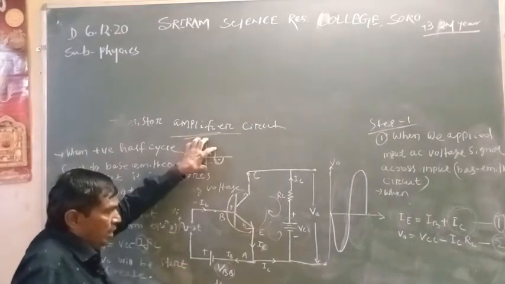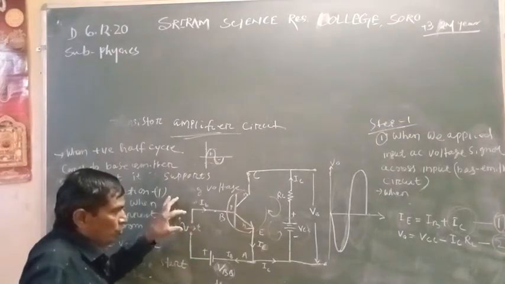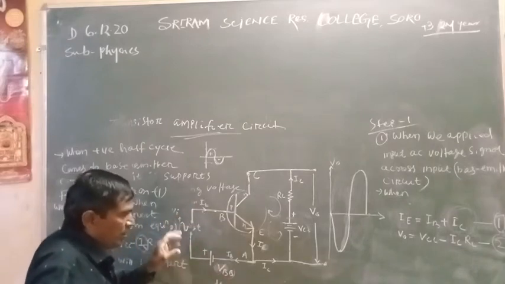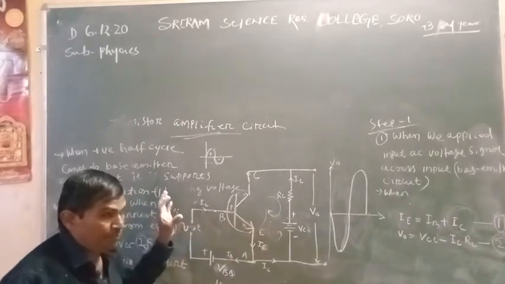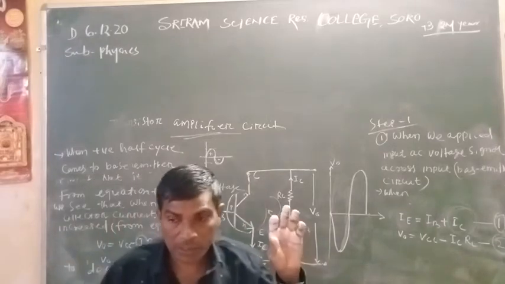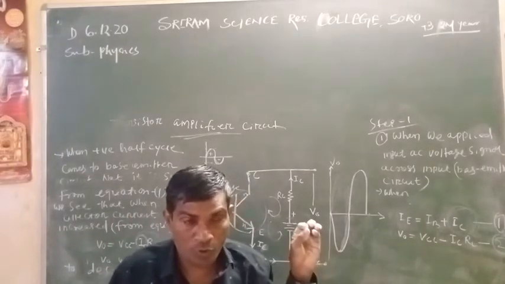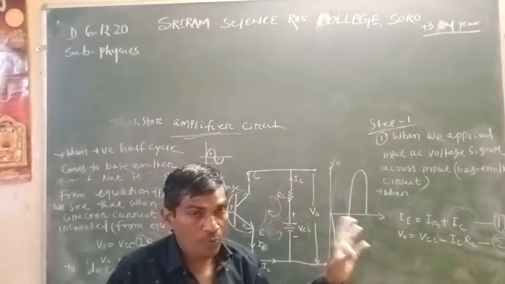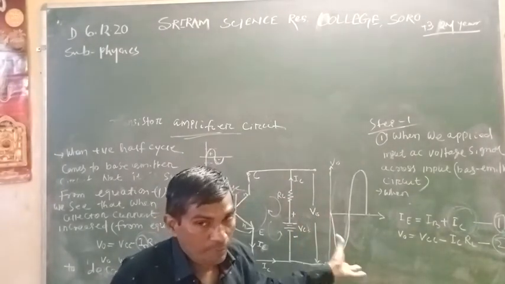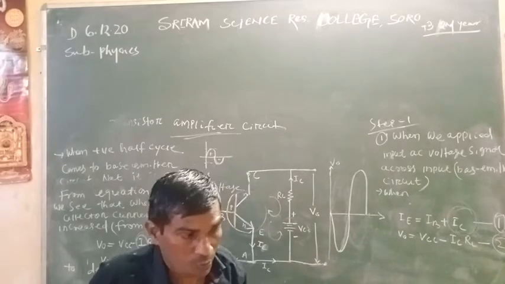When the positive half cycle comes to the base emitter junction or input circuit, this positive part of the AC input voltage supports the base emitter forward junction voltage.